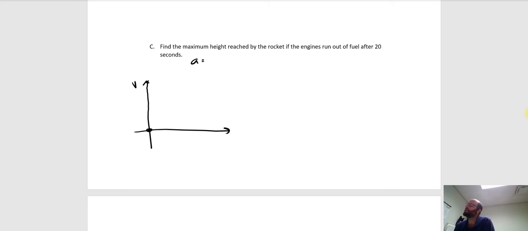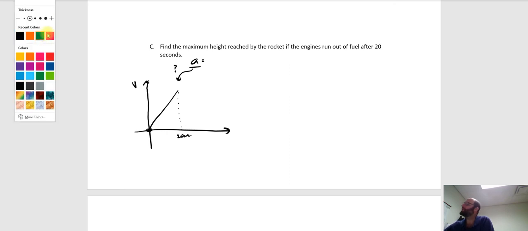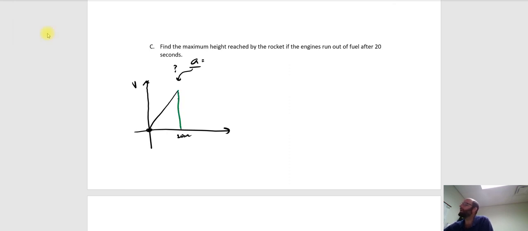Now, if we assume that acceleration is constant, that's going to give us a linear velocity graph until the rocket runs out of fuel at 20 seconds. Remember, you have to say to yourself, how does that acceleration relate to this graph? You should be able to use it to calculate that height. And that height represents the velocity of the rocket the instant the engine shuts off.